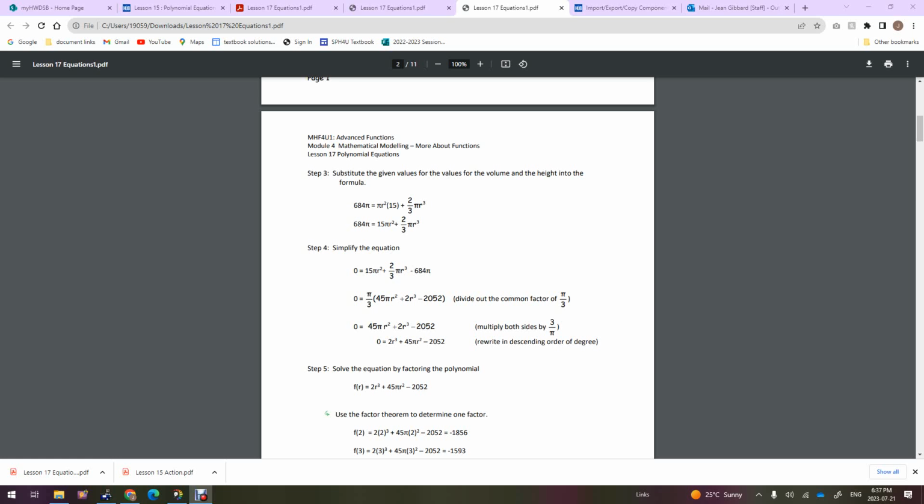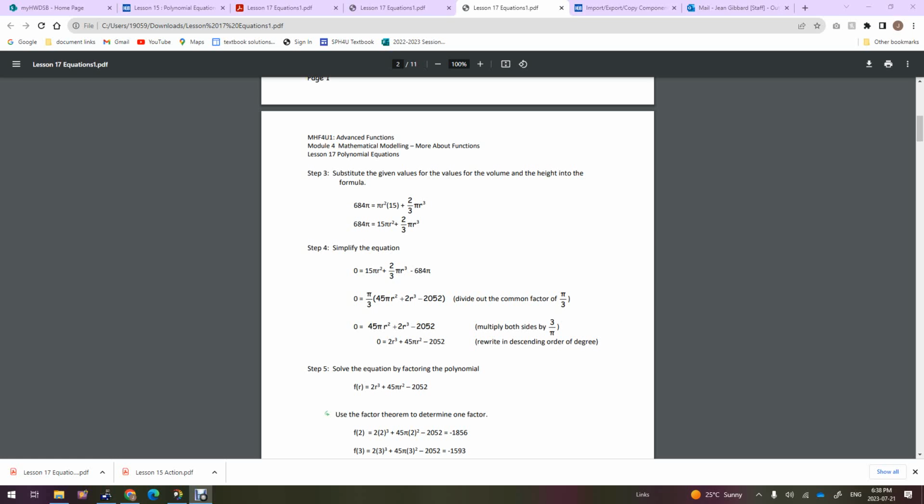Now, from that, we are going to take out a common factor of pi over 3. Now, when we do that, we get pi over 3 times 45 r squared plus 2r cubed minus 252.